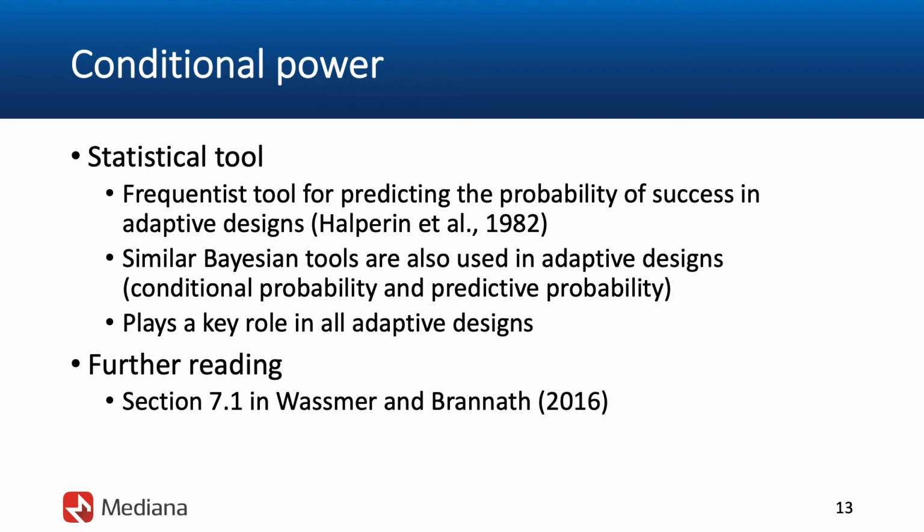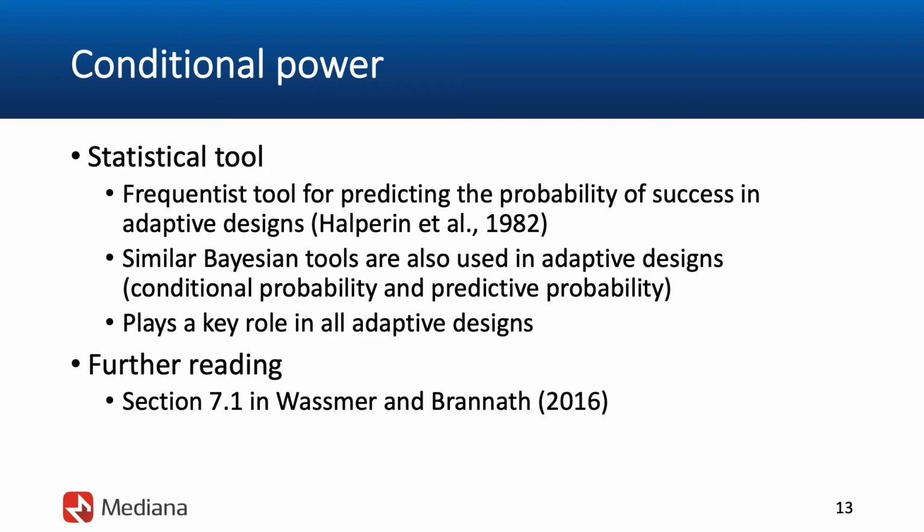Again, we'll go over those examples in detail later in this training program, but suppose we have a clinical trial or a general study that was initially powered at 80%, and the review of interim analysis data reveals that the predicted probability of success based on conditional power is only 70% with the initial sample size.